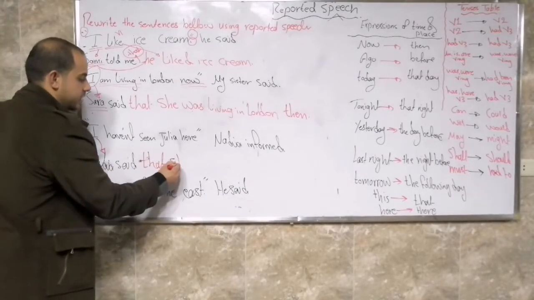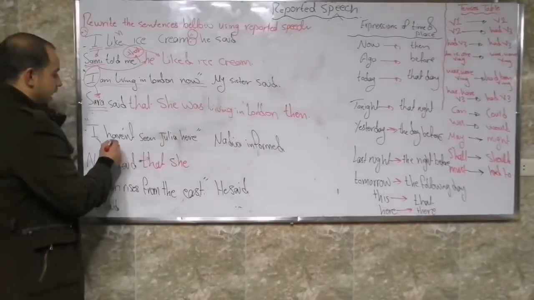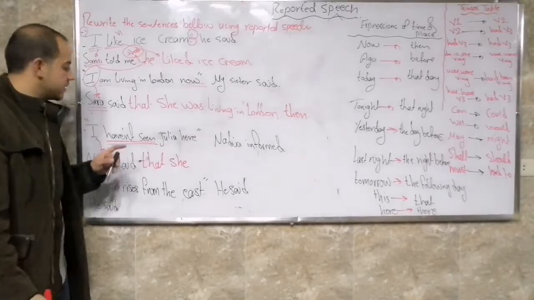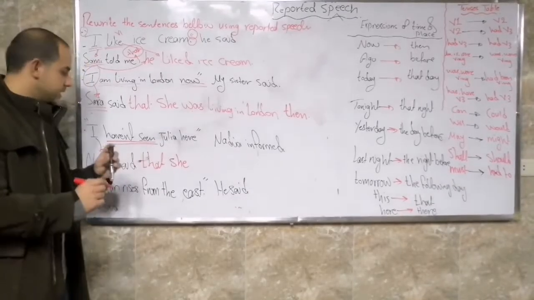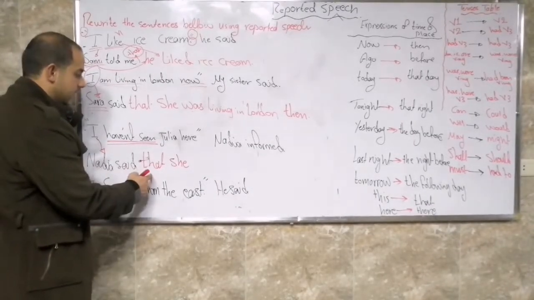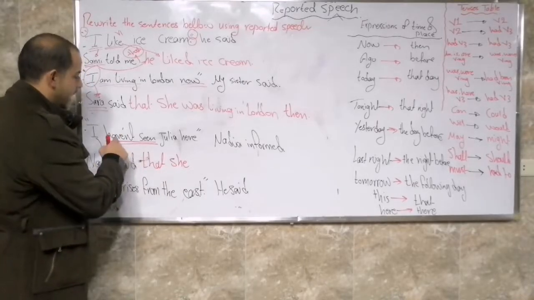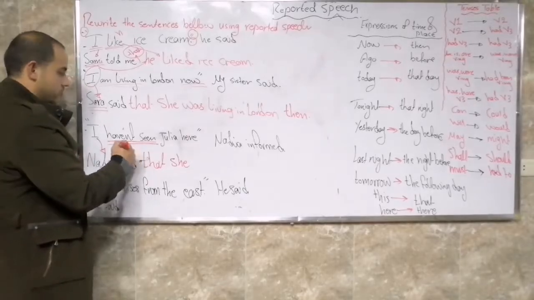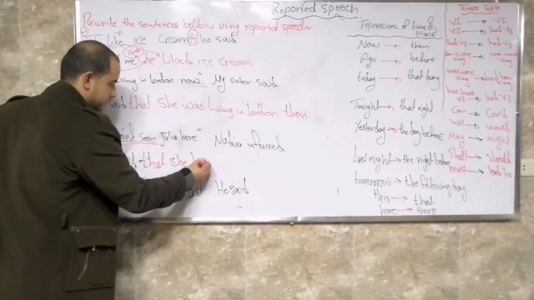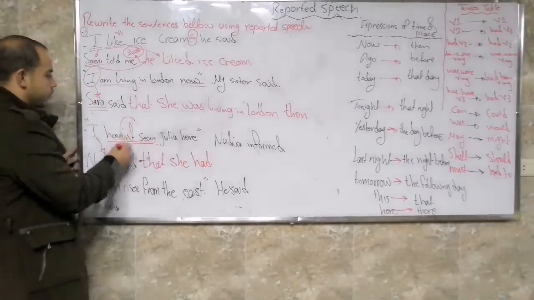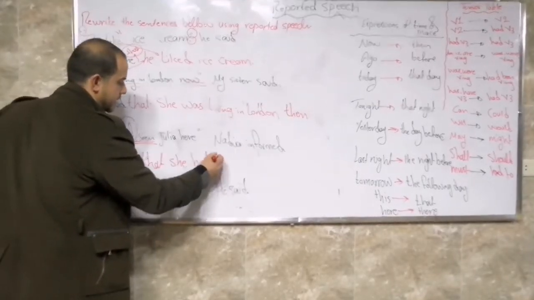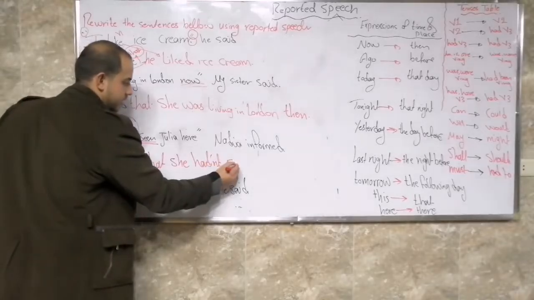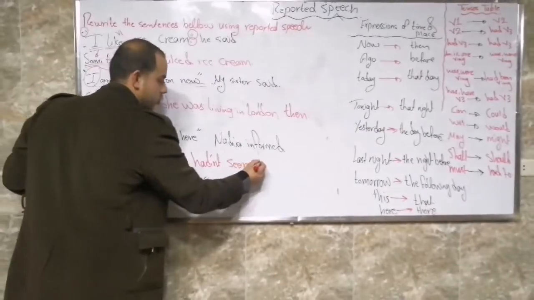That she haven't seen as the tense. Excellent. Haven't seen as the tense. So Nadia said that she, have and has changed to had. But because here we have a negative form, we use not. Hadn't. Okay? That she hadn't seen Julia.